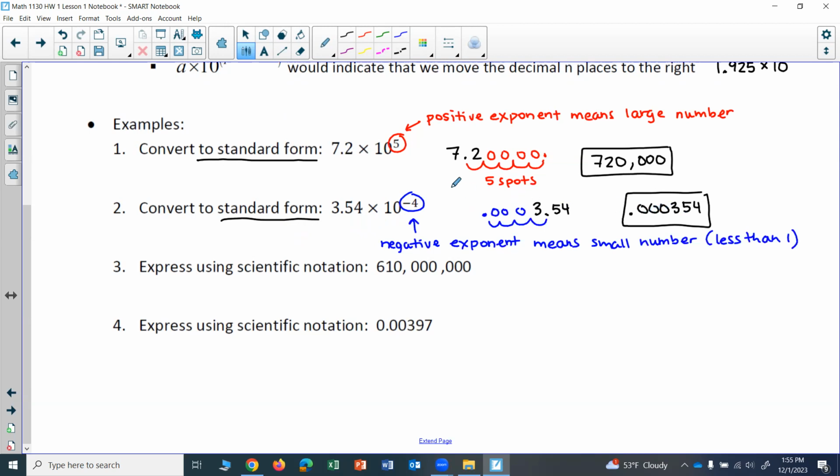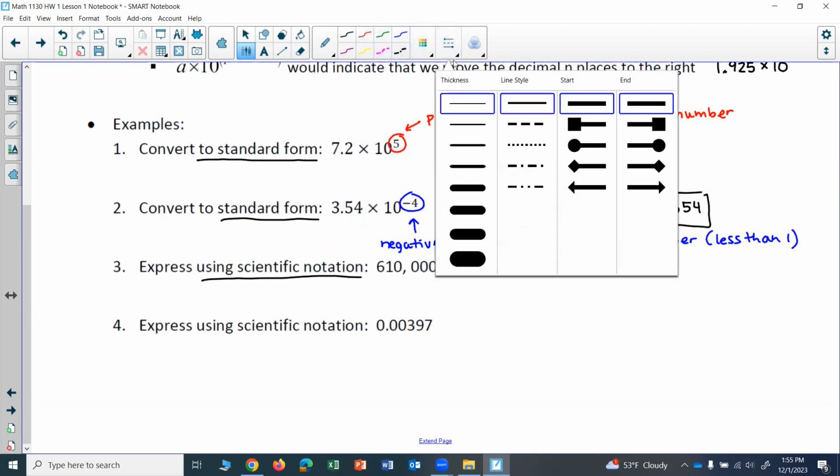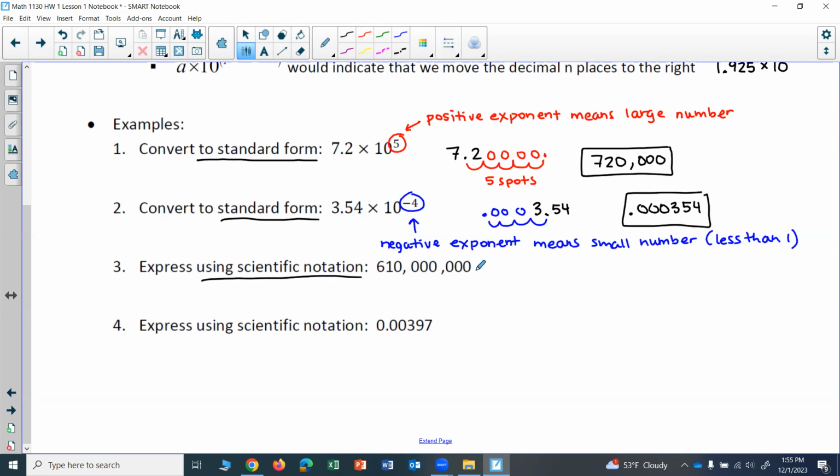Now we want to be able to go the other way too. Express using scientific notation, and we're given 610 million. So what I will do is I will take the decimal. To get into scientific notation, I can only have one non-zero digit before the decimal.